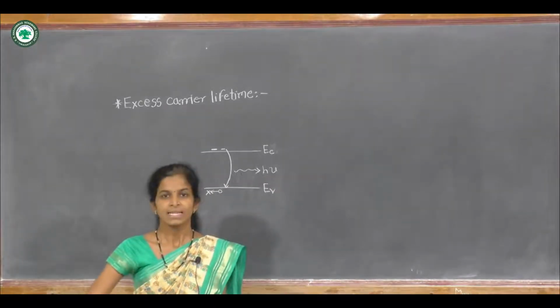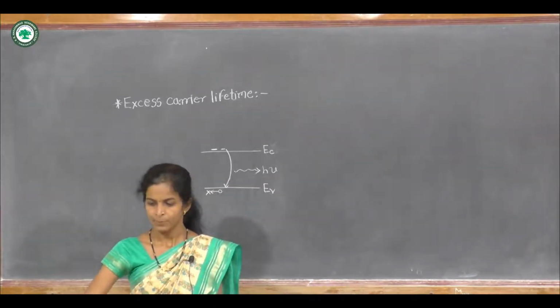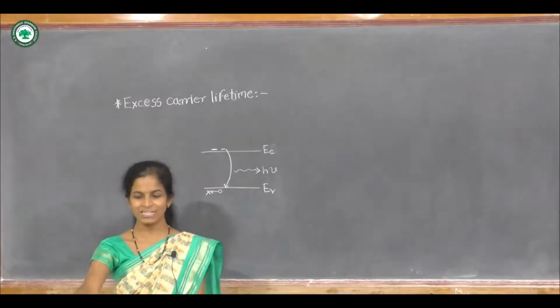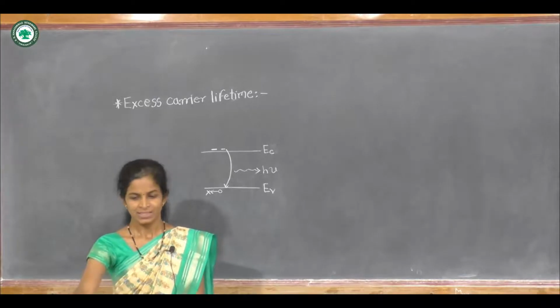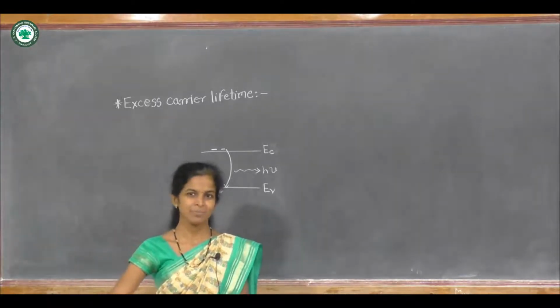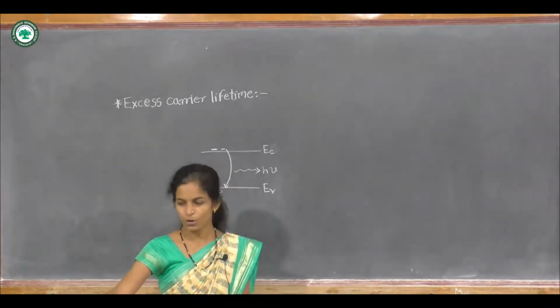The probability that an electron and hole will recombine is constant in time because this process is spontaneous.